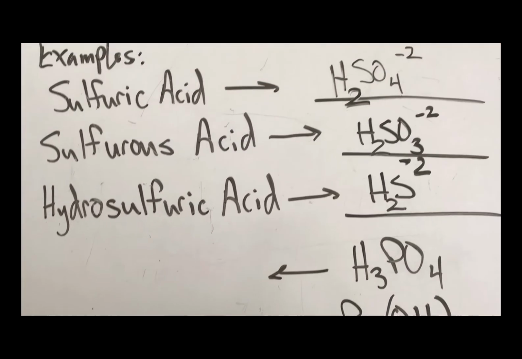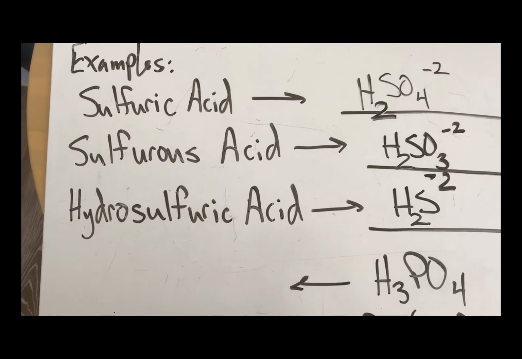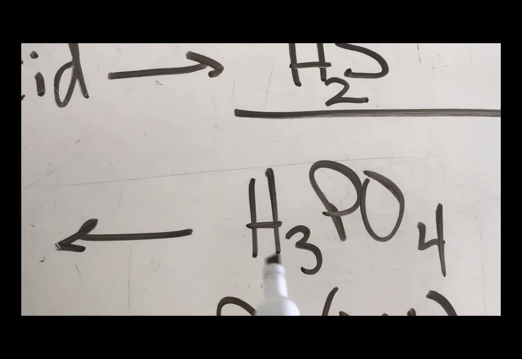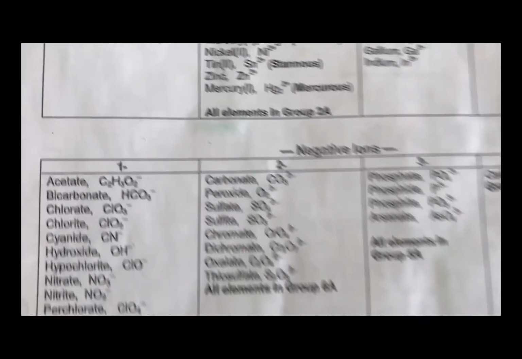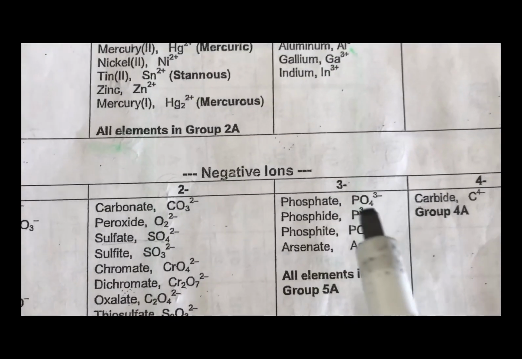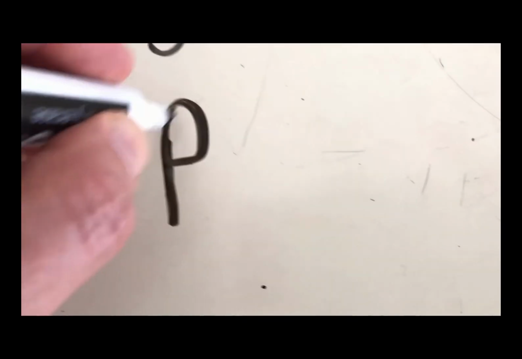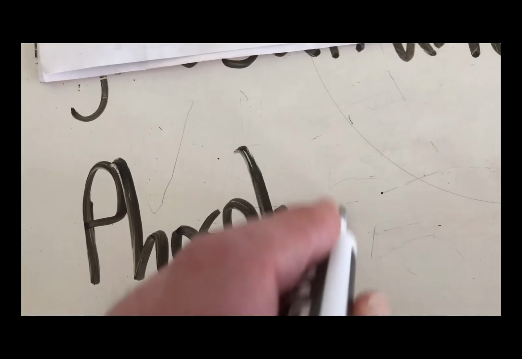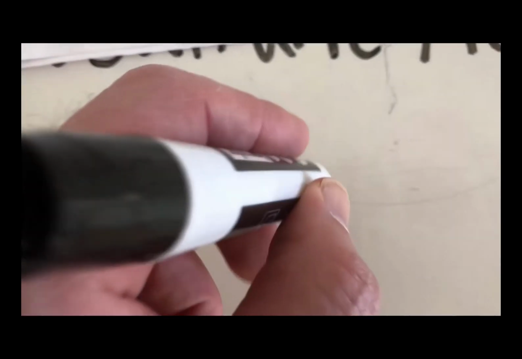Now I can also reverse this, and sometimes I might need to write down the name. So this is working backwards. I know that PO4 off my periodic table is phosphate. Phosphate turns to ic, so this is going to be phosphoric acid.